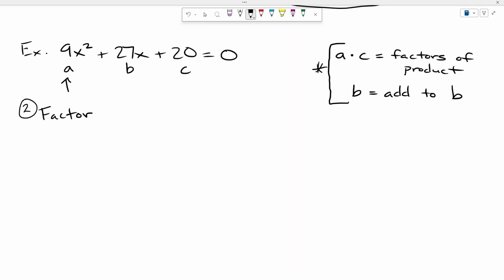But now we have to be mindful of it because we're going to have to take, in this case, our A is 9, and then our C is 20. So that gets us 180.